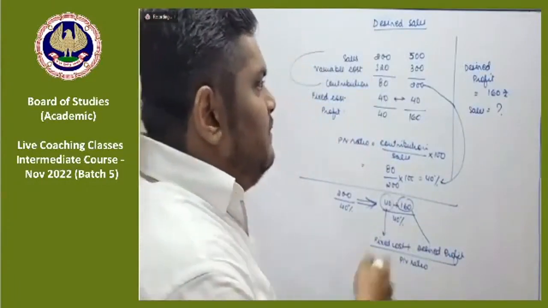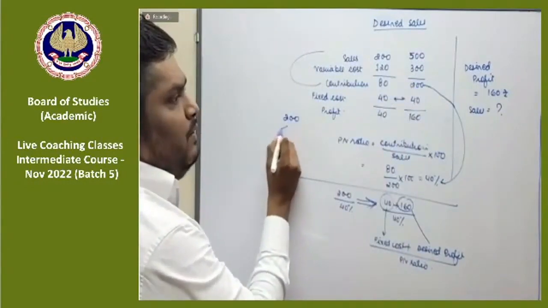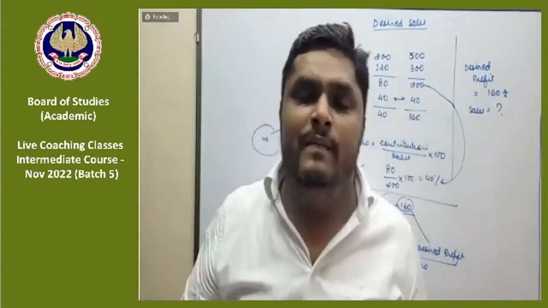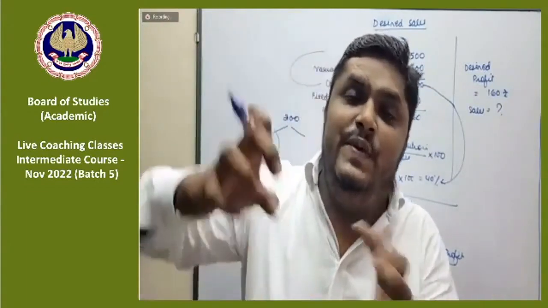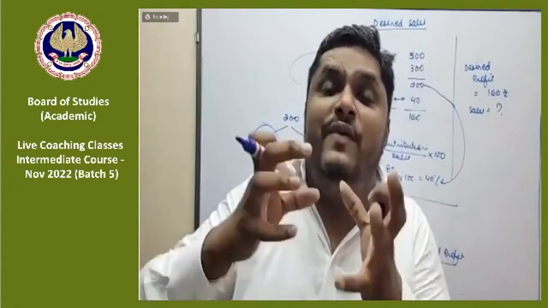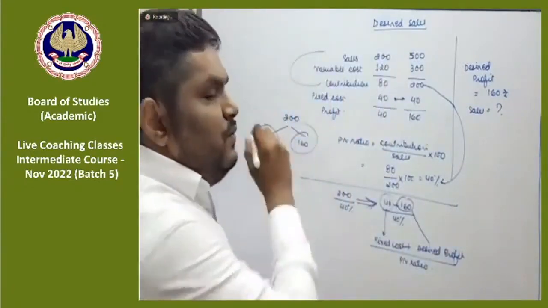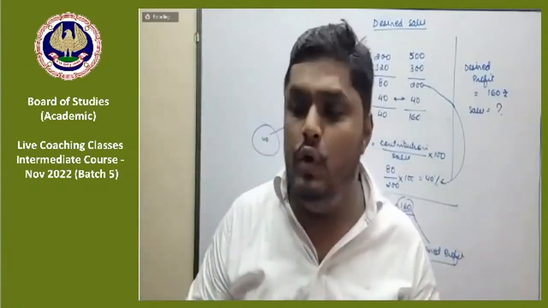So herein, my contribution is 200. If I recover my fixed cost of 40, that is my break-even sales. And once we recover that, the extra contribution, that is 160, is what we call our profit. So how is this formula derived? Do you guys have any doubts?